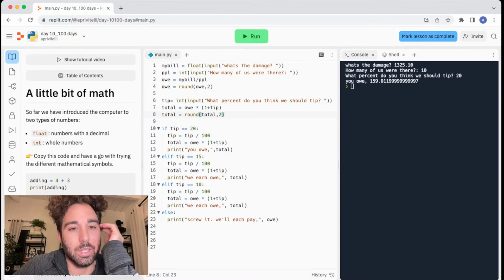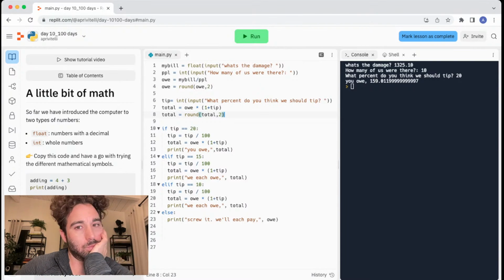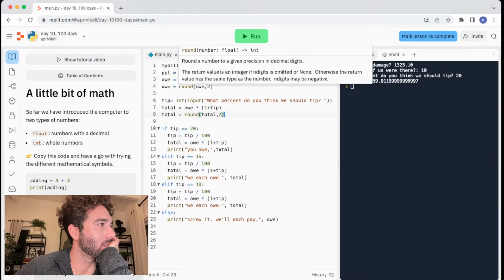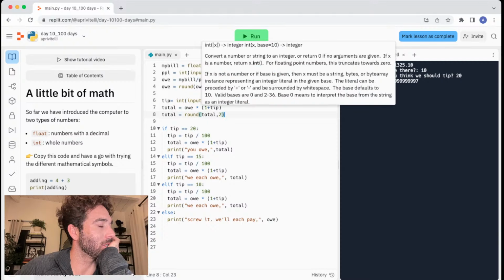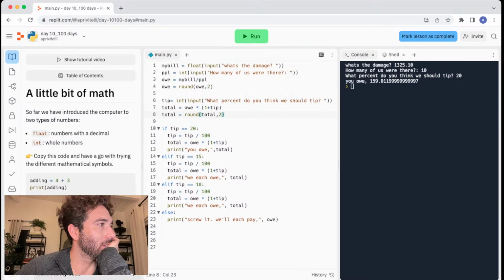I want it to be perfect. Why isn't it rounding it up? Tip. Total equals O times 1 plus tip.